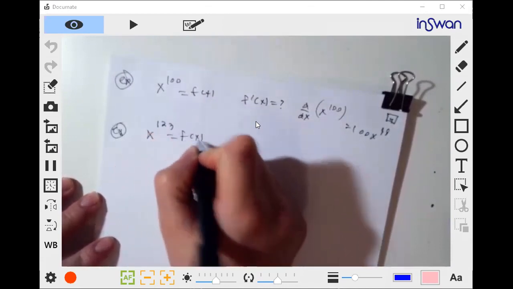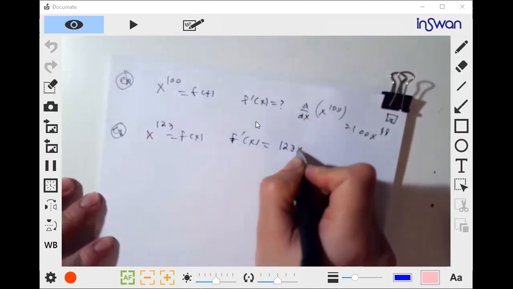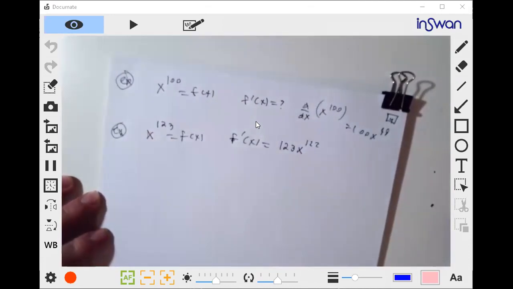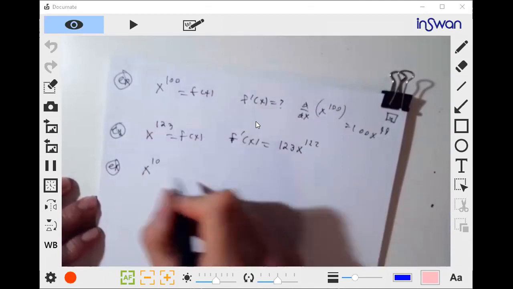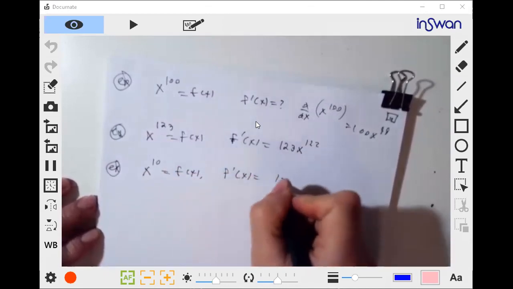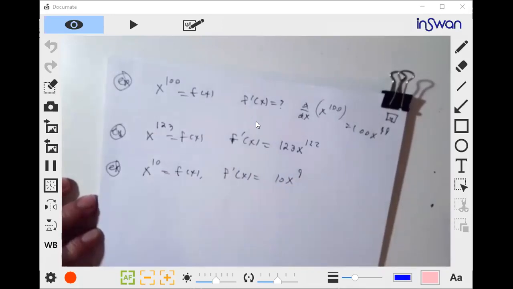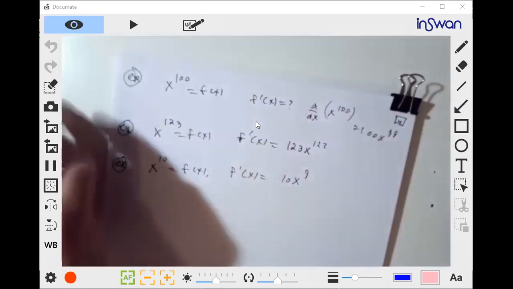This is our f of x. Well, f prime of x is just 123 x to the 122. What about x to the 10? This is our f of x. Well, f prime of x is just 10 x to the 9. Easy as that. Don't make it more complicated than it needs to be.